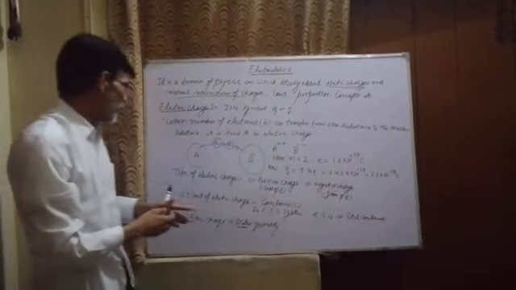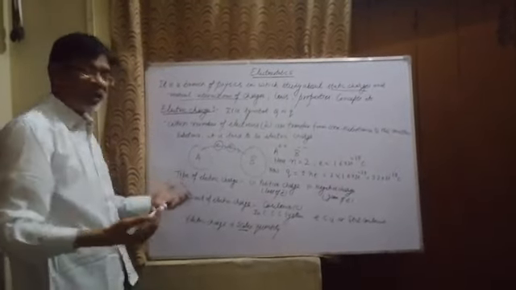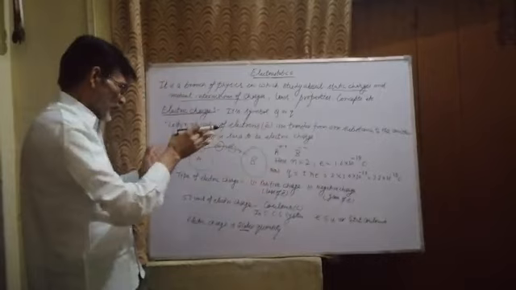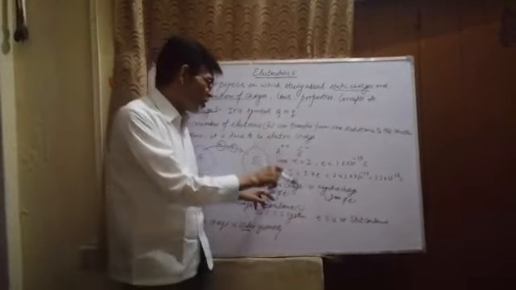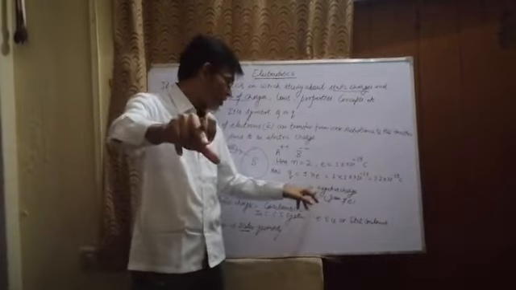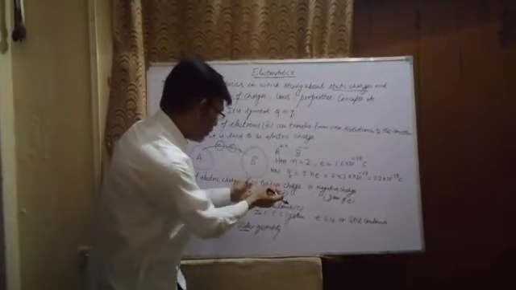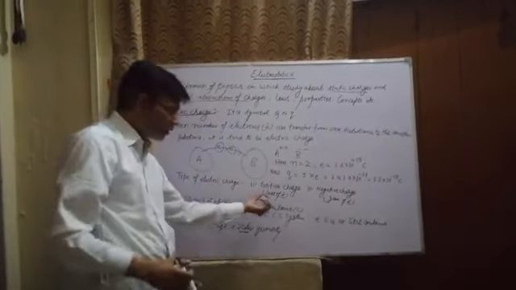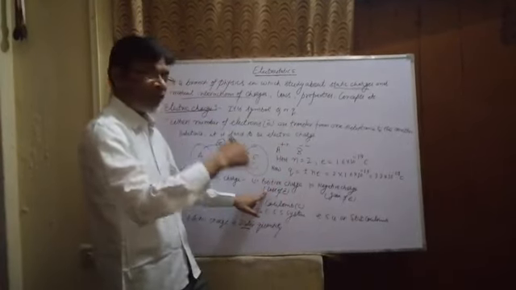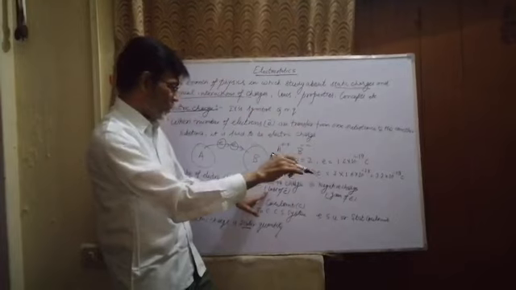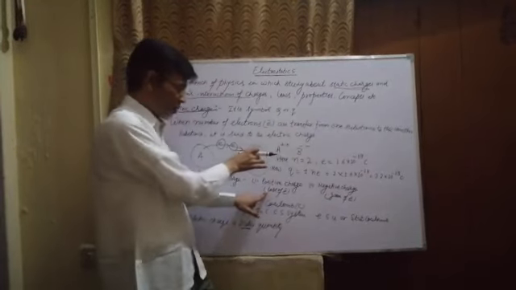Okay. Look here. How many types of electric charge are there? There are 2 types of electric charge. One is the positive charge, another is the negative charge. Positive charge means loss of electron. When electrons are lost from one substance to another substance, this is the meaning of positive charge.